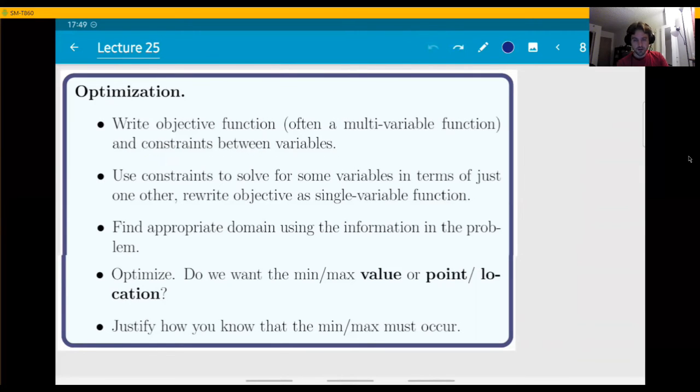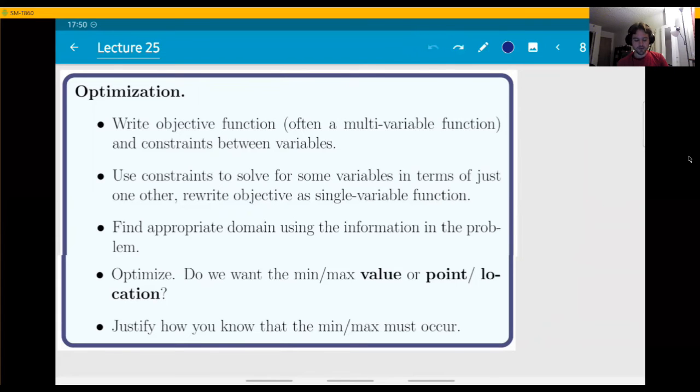If you actually have more than one variable, first of all, use the constraints to solve for some variables in terms of just one other, like solve for y and z in terms of x. Because we are studying Calc 1, we can only analyze functions of one variable. Then you plug those variables into the objective, so you rewrite that as a single variable function. This should be your first step, if necessary.